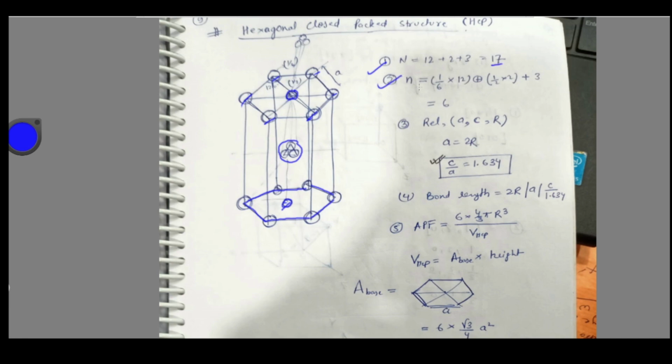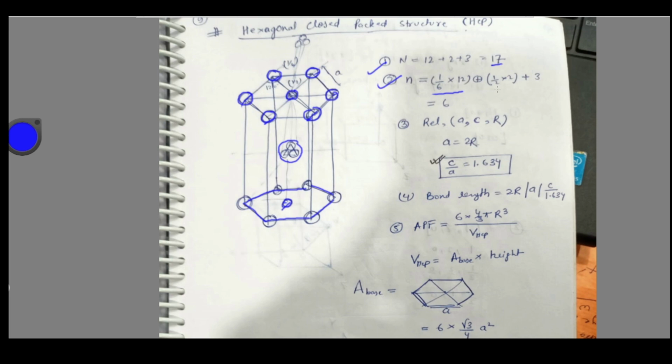And if you want to calculate the effective number of atoms: only 1 by 6 part of these corner atoms will be present inside the HCP structure. So 1 by 6, and this kind of atoms are 12.